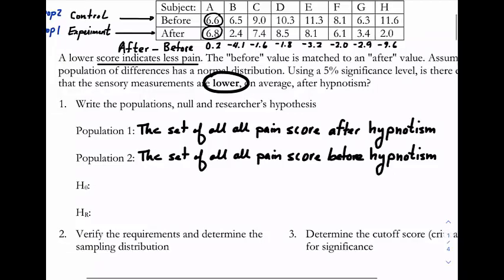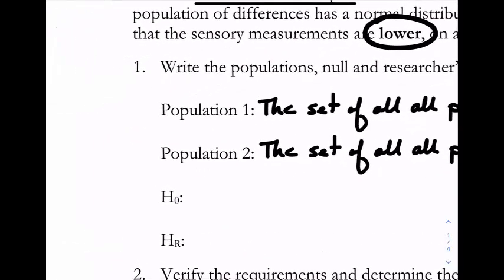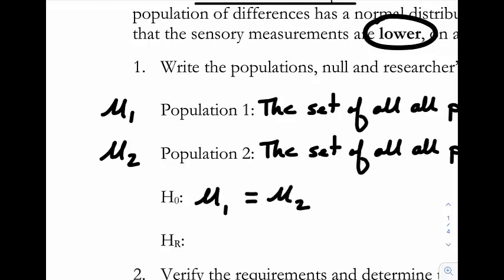Now down here, we know that there is a population mean expressed for population number 1 and population number 2. We don't know what those numbers are, but for the null hypothesis, we want to assume that they're both equal, just like we did in all of chapter 9.